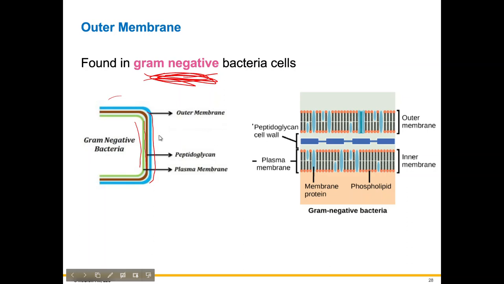So this picture is a very simplified version of what we're seeing in this picture. So this here would be, this pink would be the inside of the cell. We see the plasma membrane here. We see our layer of peptidoglycan, and because it's a gram-negative cell, there is an outer membrane as well.